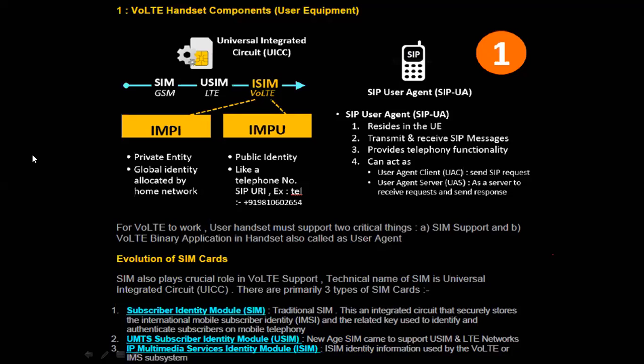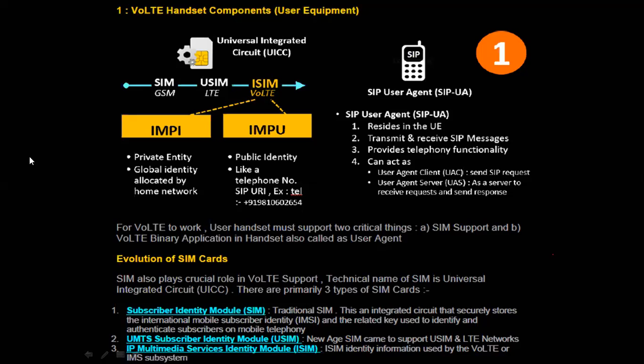If you move from the legacy network to the upgraded network, your SIM capacity should change, and the SIM card also supports some new things, so you have to upgrade your SIM card. Generally everybody faces this kind of issue. If you are a Vodafone or Airtel user, they tell you that for 1 rupee they will upgrade your 3G SIM to a 4G SIM. Your 3G and 2G SIM is a normal SIM card, but your 4G SIM is your USIM.